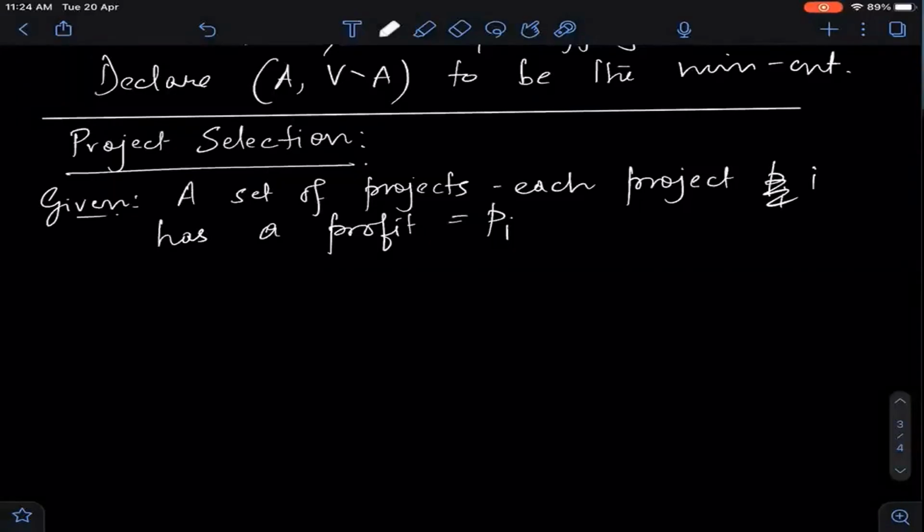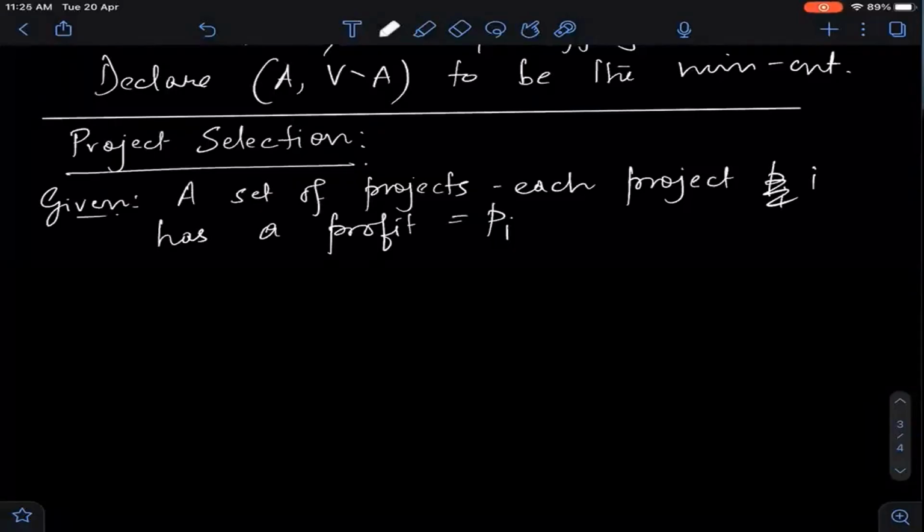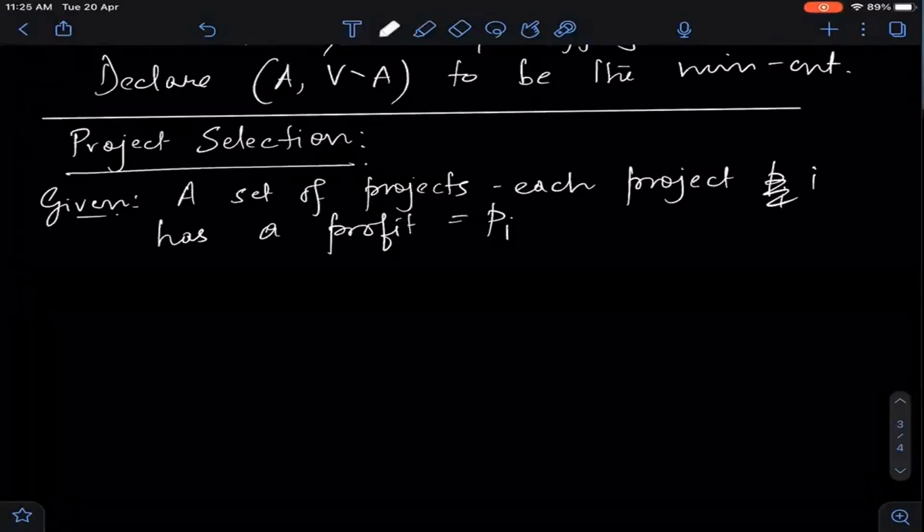However, there are some constraints, of course. It's not going to be that easy, where there is a bunch of projects and you just pick them. There is a bunch of constraints which connects these projects to each other, and the constraints are what we call precedence constraints. Precedence constraint means there are some relationships of the following nature: if you want to complete project i, then you will have to complete project j.